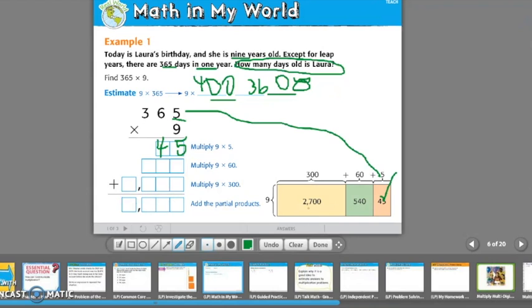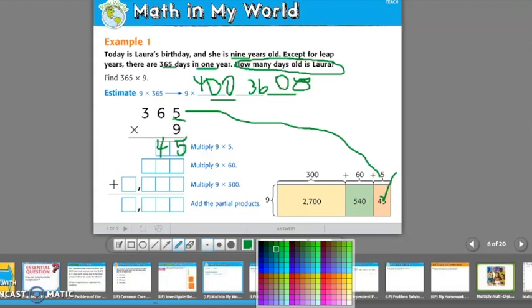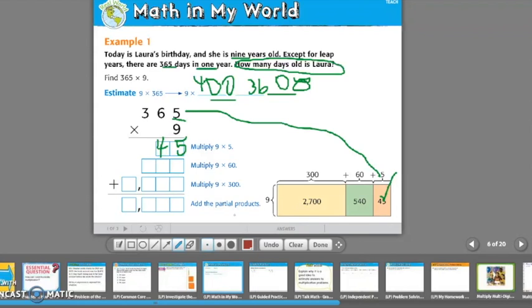Now I'm not done yet. I've got these 2 parts of my array left, and I have these 2 parts of my problem left. So I'm going to use a different color to model my tens. I have 6 tens, which means over here I have 60, and again 9. So when I do my 6 tens or 60 times 9, I get 9 times 6, which is 54.